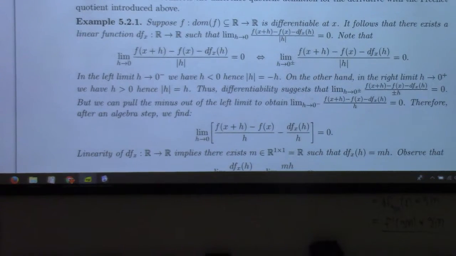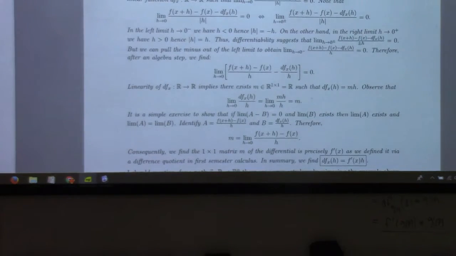Connections with our past and future. In here, I show that if you have a function from reals to reals and it's Fréchet differentiable, then it implies that the differential is the regular derivative times the argument. That's the formula for the differential, and vice versa. So real differentiability implies Fréchet differentiability for a real function.